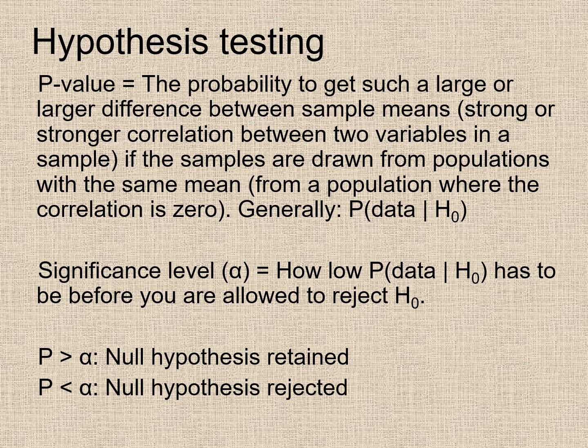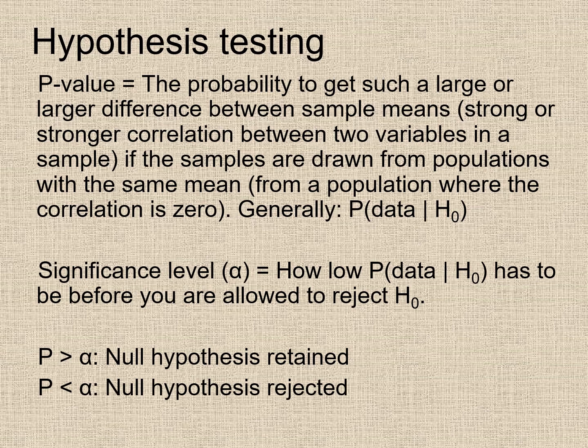When we do hypothesis testing with inferential statistics, we also have a significance level. It's usually called the alpha value, or alpha level. So this significance level is how low the p-value has to be before we are allowed to reject the null hypothesis.